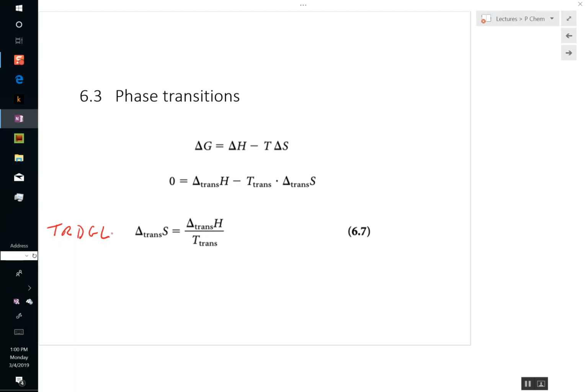Okay? I think you could sit down and scratch on that a little bit. You're going to have a free energy difference between the liquid and the gas. You're going to have an enthalpy difference between the liquid and the gas.